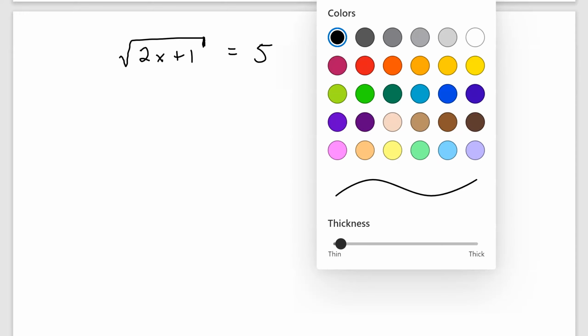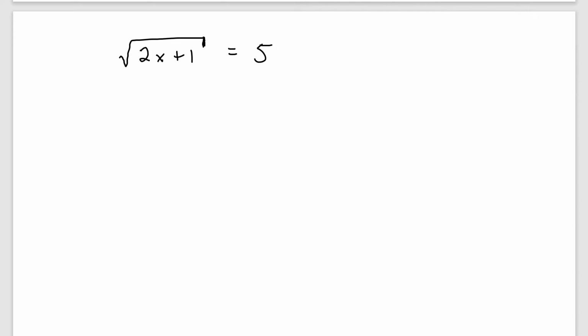In this particular case, my radical is isolated. It does have the understood 2 here, so I'm going to raise each side to the power that's equal to my index, which is a 2.